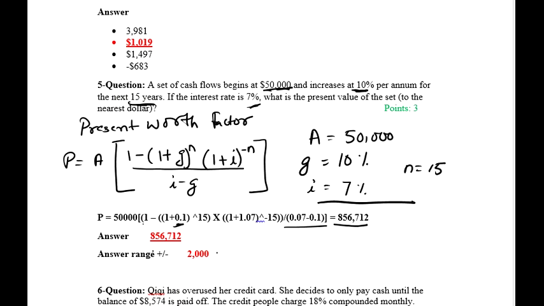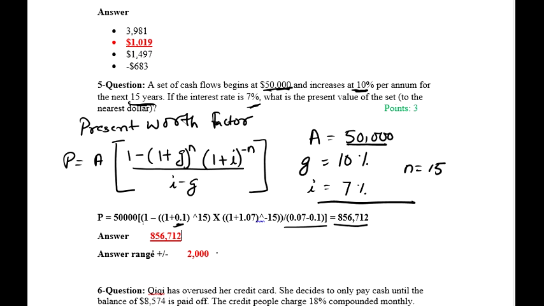So this is similar to example 4.13 given in your unit 4.3. So you have your A value as $50,000, your gradient in terms of interest, that is 10%, your N value as 15, and the interest rate as 7%.